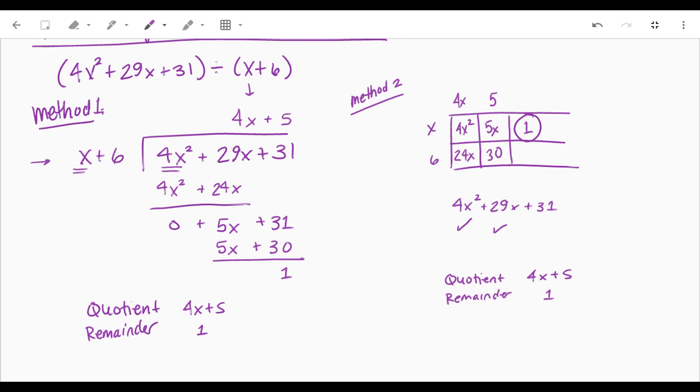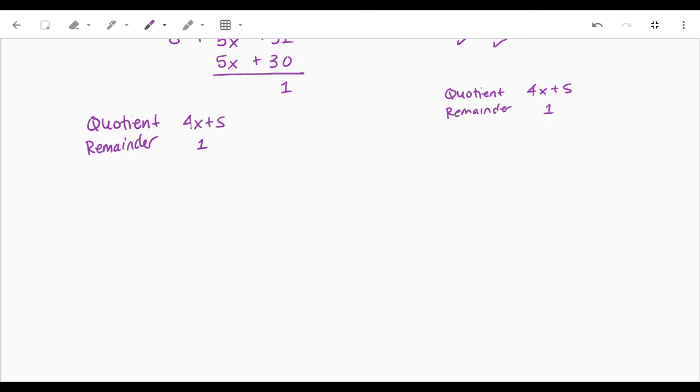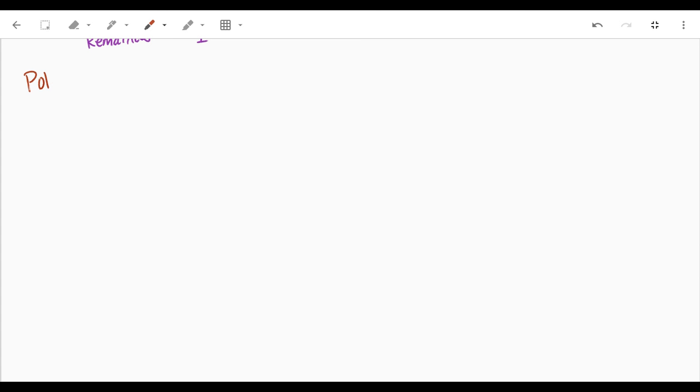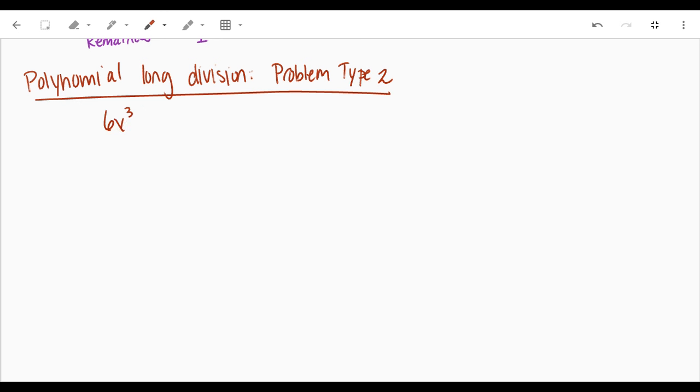We got 2 more problem types for long division that they're going to throw at us here. Problem type 2. For this one, we have 6x cubed plus 17x squared plus 11x plus 19.